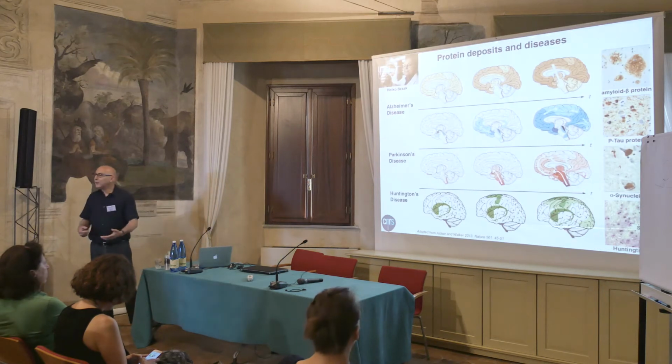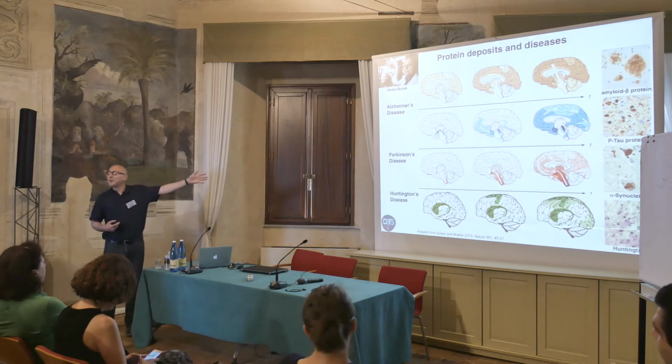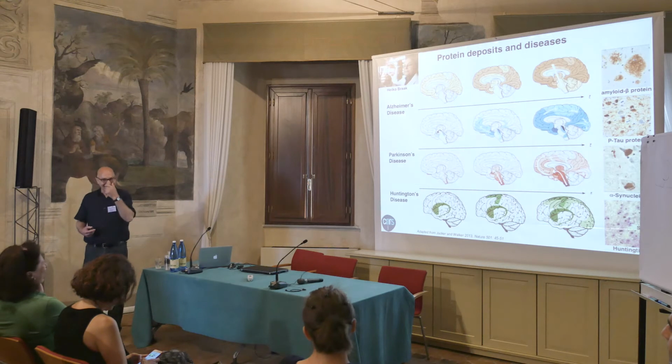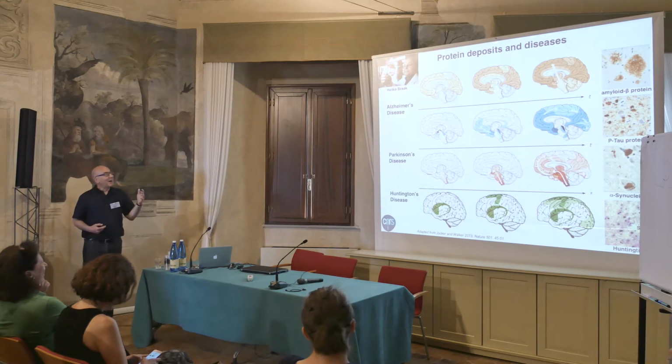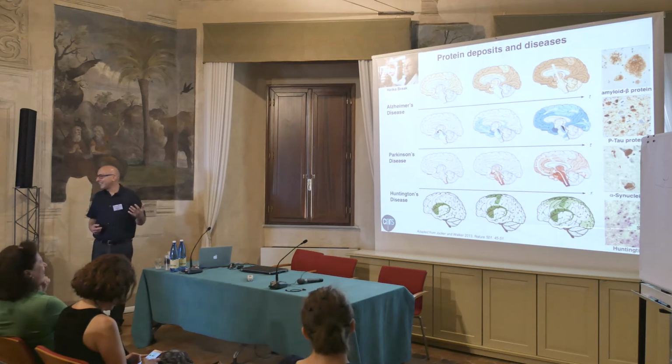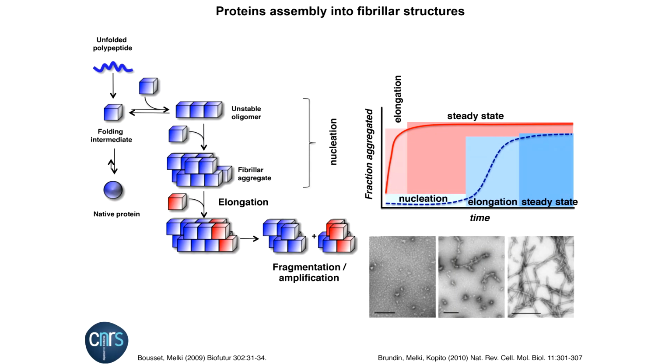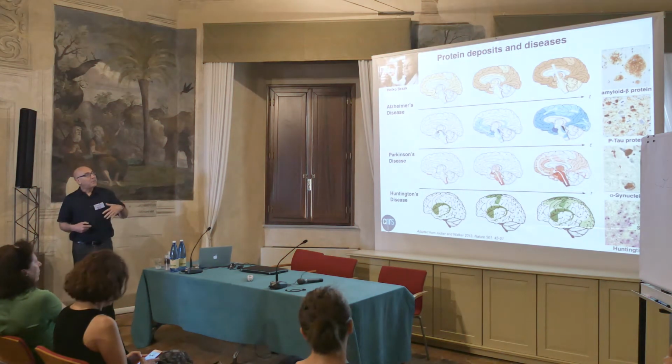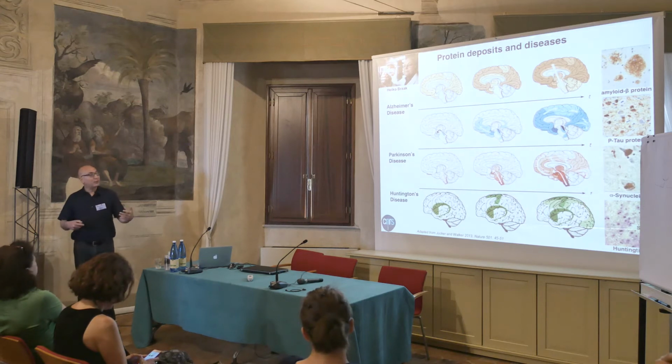So I was recruited like this, a misfolded protein person recruited to the field. After I read a number of papers, one of the things that struck me most is the work of Heiko Braak, who described the pattern of deposits over time.